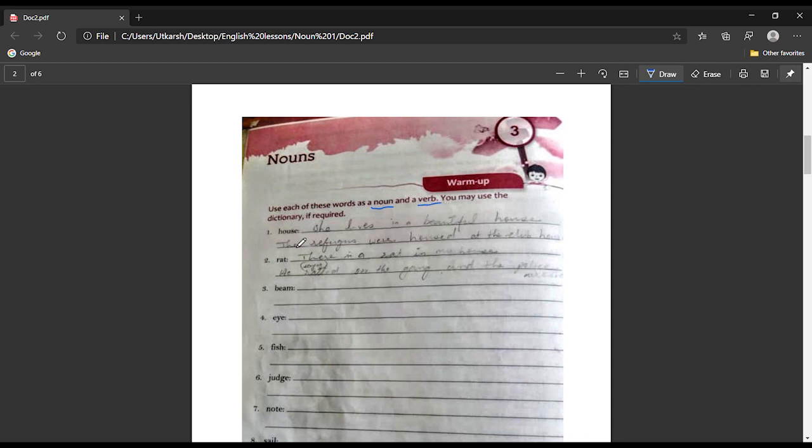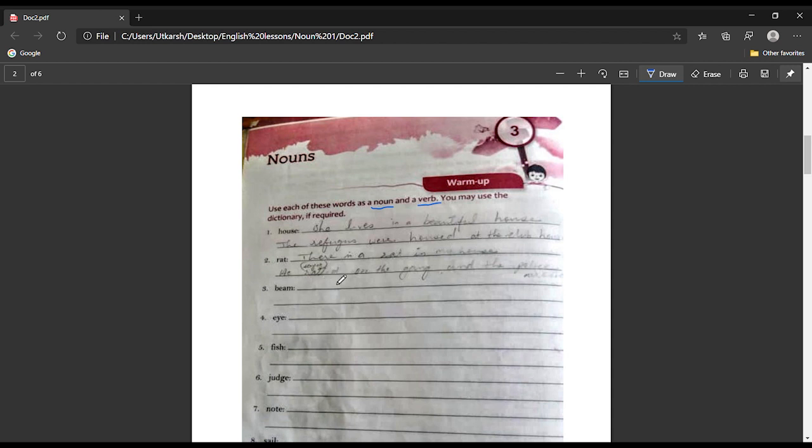You make a sentence like, for example, house. She lives in a beautiful house and the refugees were housed at the club. The meaning is she lives in a beautiful house. This beautiful house is a noun, and the refugees were housed at the clubhouse, meaning this housed is a verb.